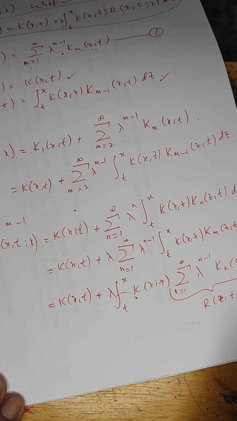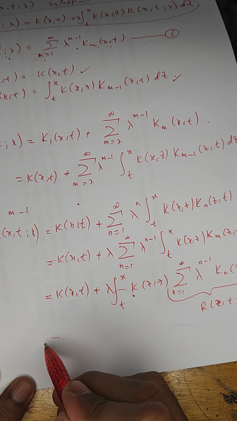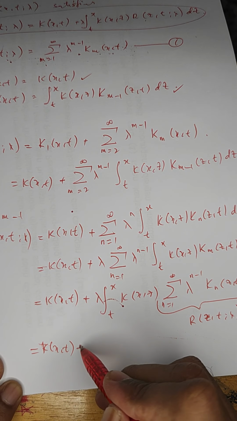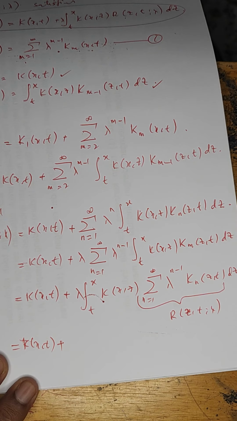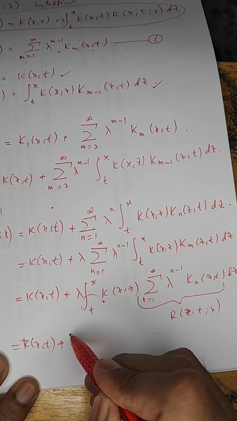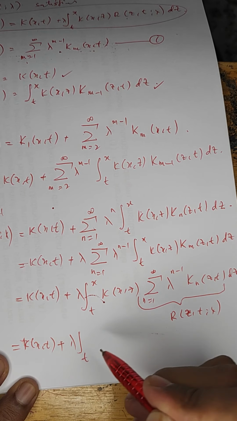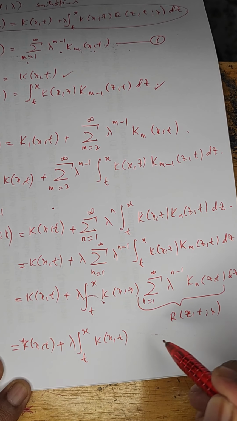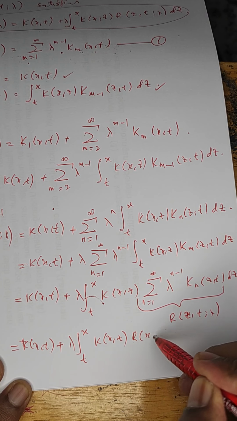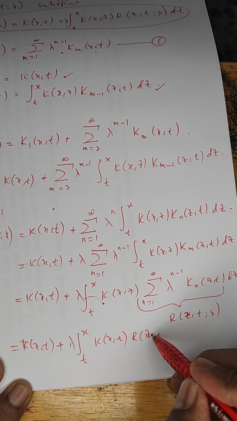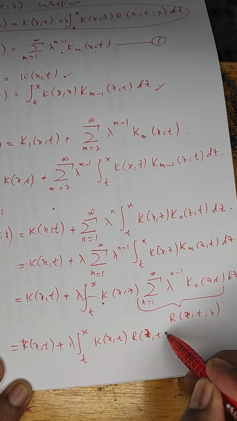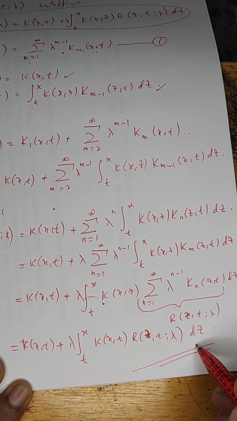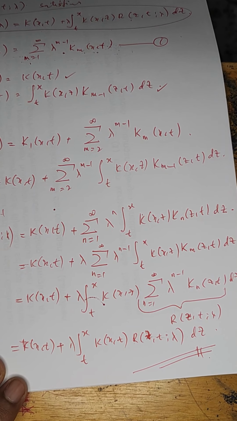Therefore we can write this as equal to K(x,t) plus lambda times the integral from t to x of K(x,z) R(z,t;lambda) dz. So this is what we want to prove in the theorem.